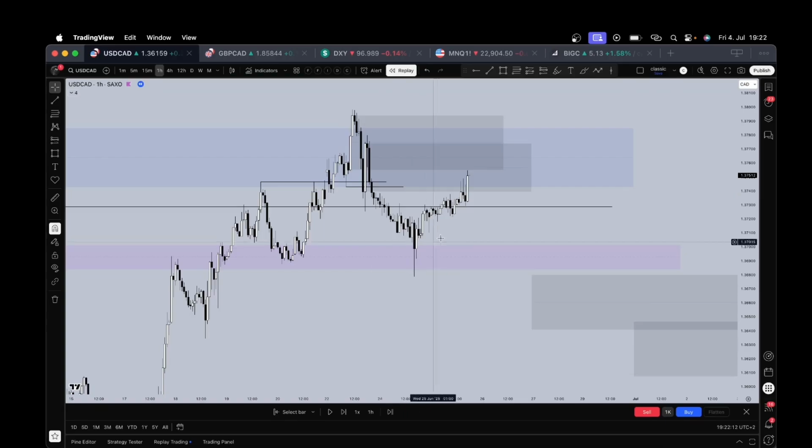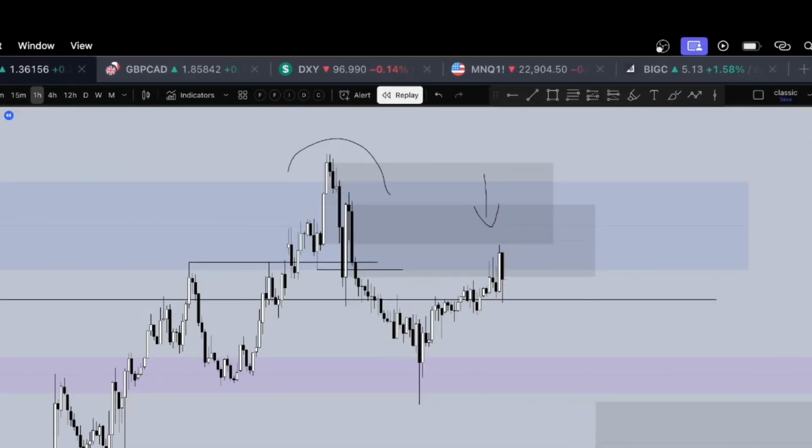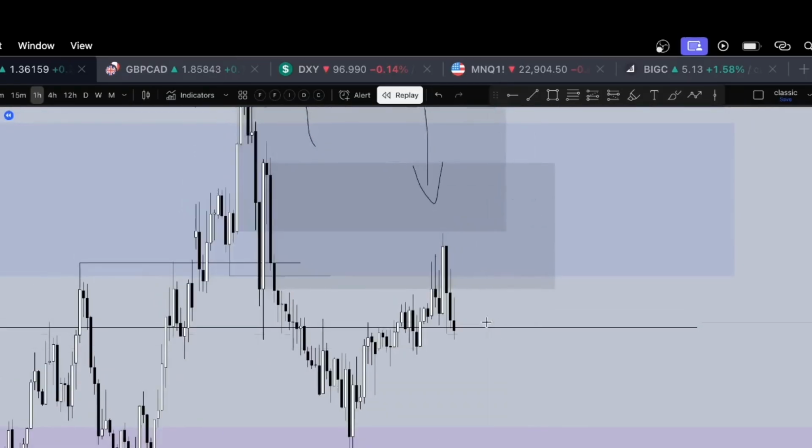So price approaches the key level here, and now we wait for a change in order flow out of that propulsion block, which would then confirm here the lower risk sell after we have confirmed this reversal. And as you can see, we did close now below this up close candle.